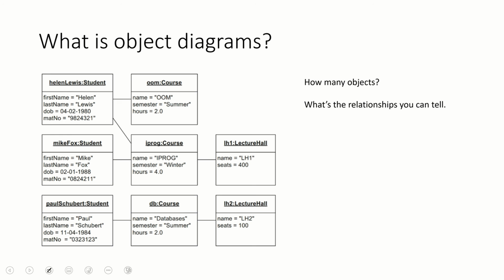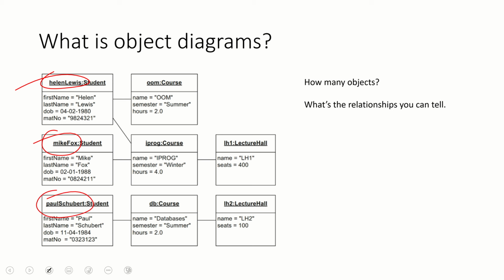Okay, just pause 30 seconds. So in this object diagram, we can tell we have three different students, named Helen Lewis, Mike Fox, and Paul Strafford.